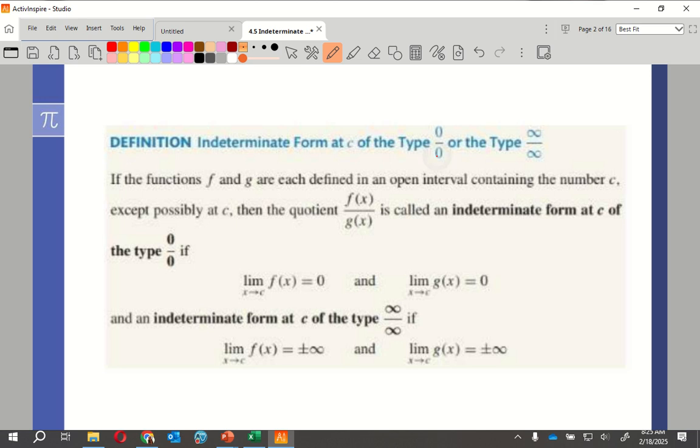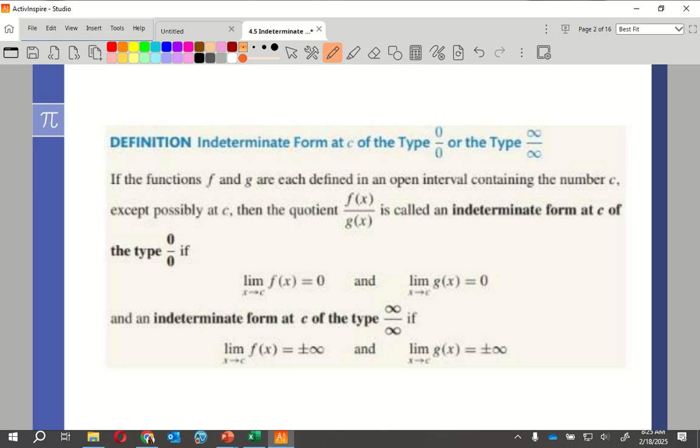So indeterminate forms of 0 over 0 or infinity over infinity: if the functions f and g are each defined on an open interval containing the number c, except possibly at c, then the quotient, so that means I'm dividing it, f divided by g is called the indeterminate form at c of the type 0 over 0.